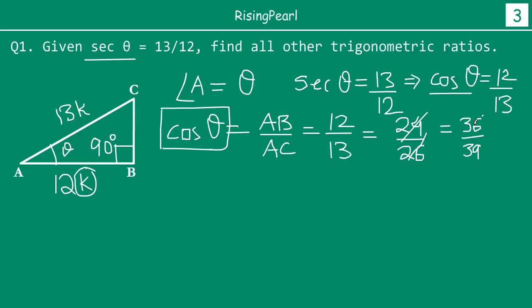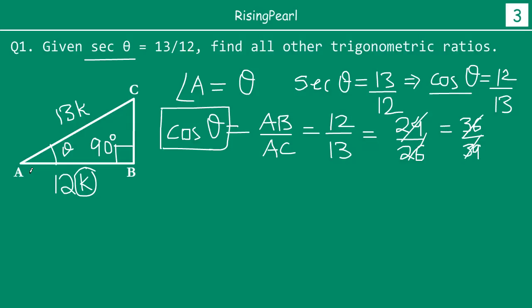But again, this ratio is 12 by 13. Because we have a ratio, we do not know what the common factor is. It could be 1, in that case it will be 12 and this will be 13. But if it is 2, this becomes 24, this becomes 26, as we saw. Similarly, we can assume that k could be any positive real number. So we can express AB as 12k and we can express AC as 13k.